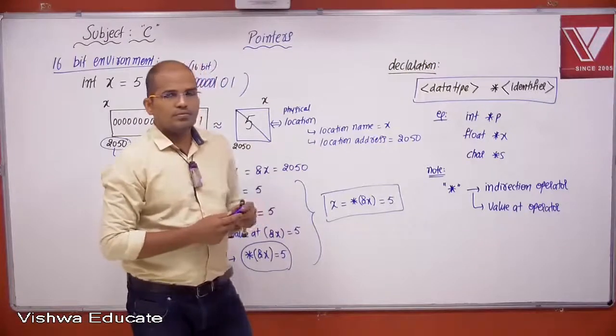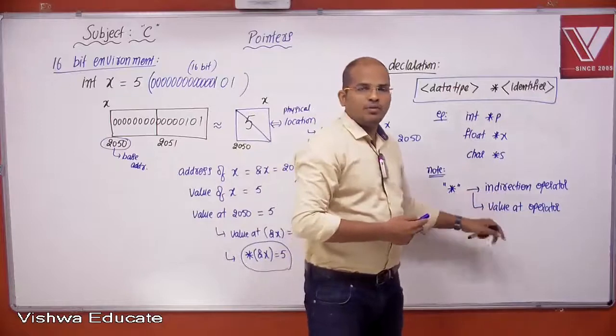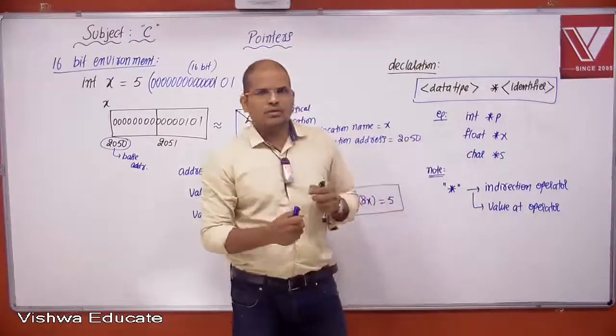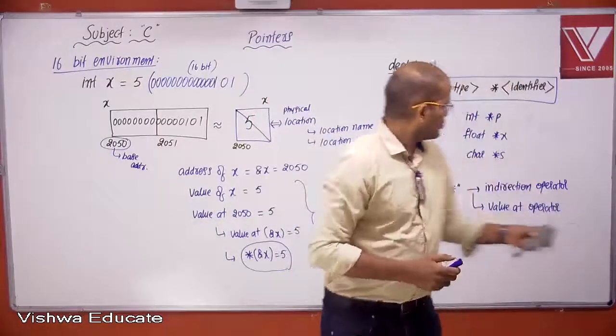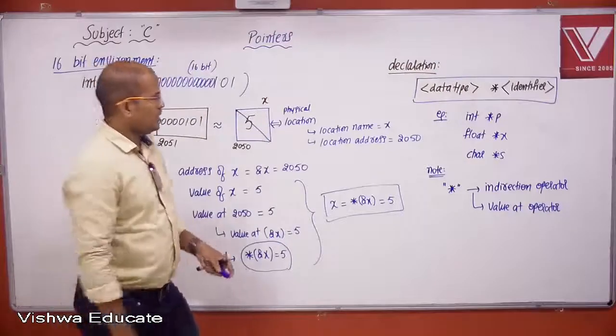Please note, asterisk is called the indirection operator or value at operator. If you're done with this, then we'll go to the next line.